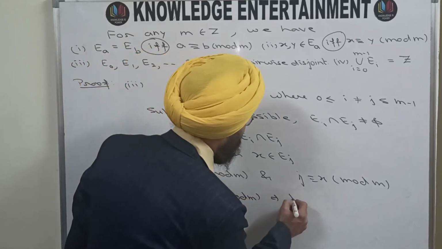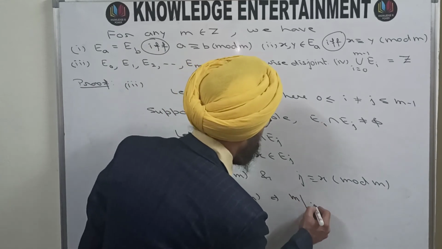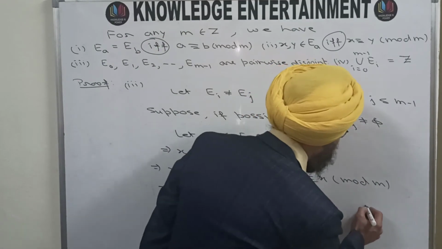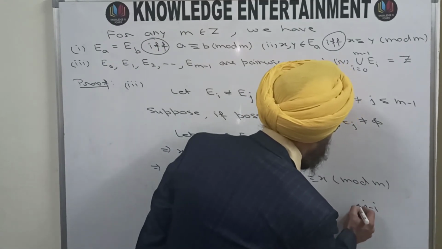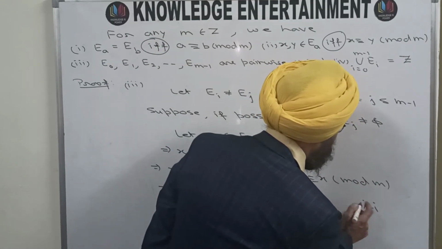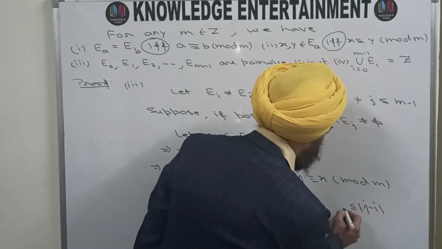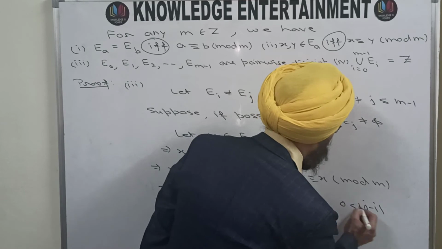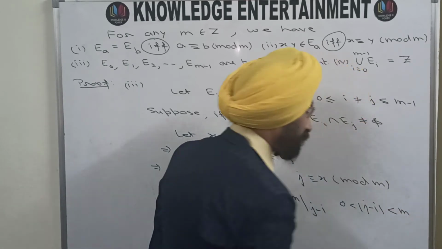That means m divides j minus i. Whereas your |j minus i| strictly lies between 0 and m.